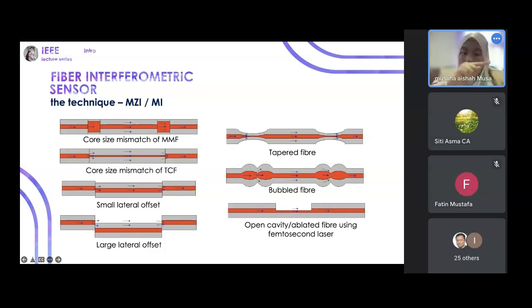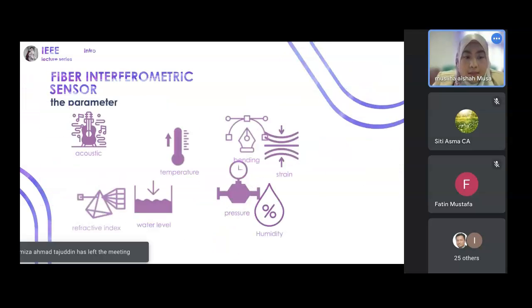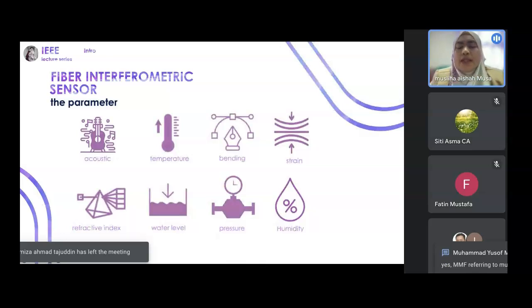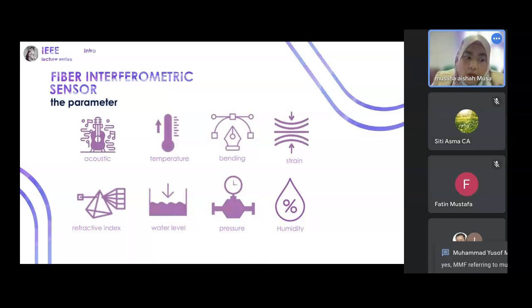This one we just cut the fiber in a square. As I said before, these are all the parameters that we can test by using a fiber optic sensor, which is acoustic, temperature, bending, curvature, strain, refractive index, water level, pressure, humidity, and much more, I think.